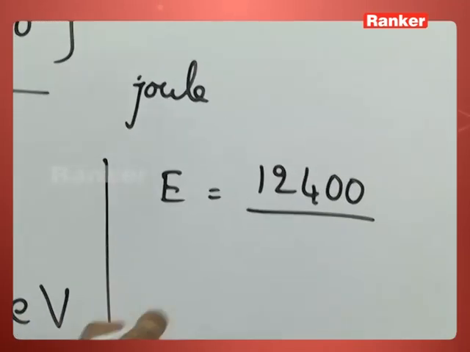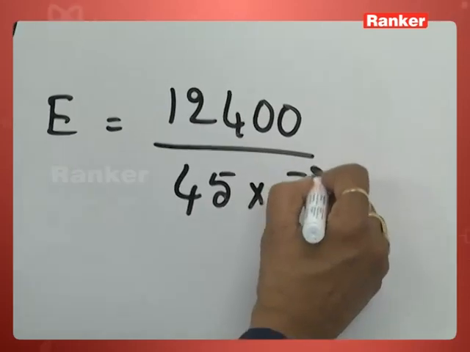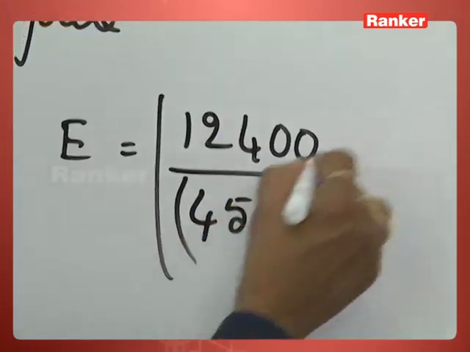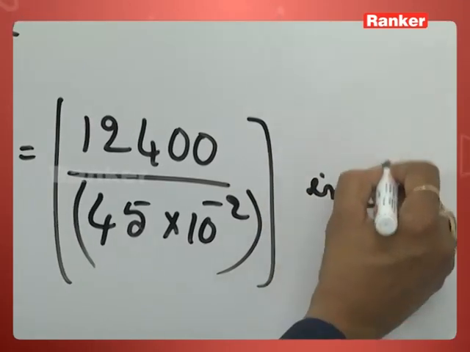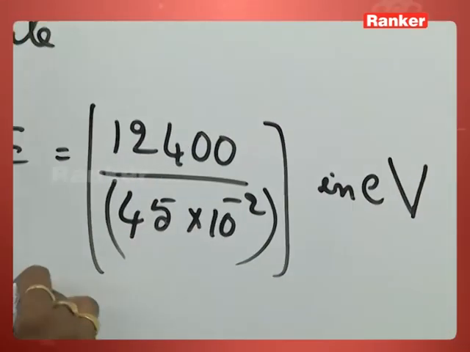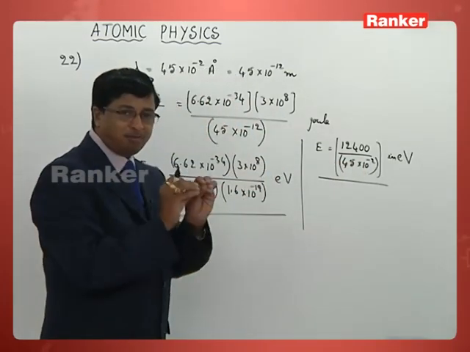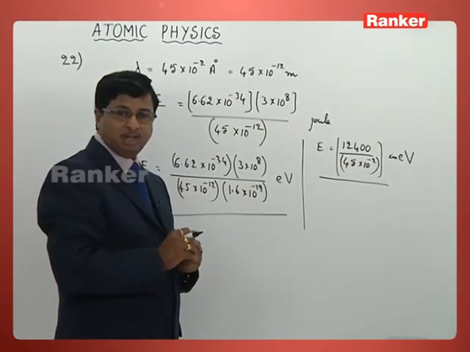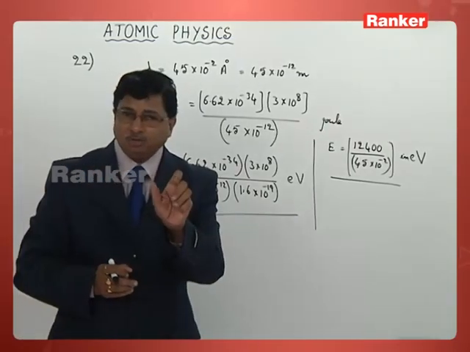What is that lambda given here? 45 into 10 to the power minus 2. Whatever answer you get, that will be in electron volt. Only one step, but anyhow you will be getting a rough value there. And of course, if you look at all the 4 options given, they are not very close to each other.